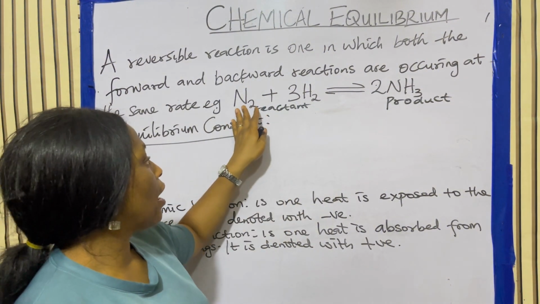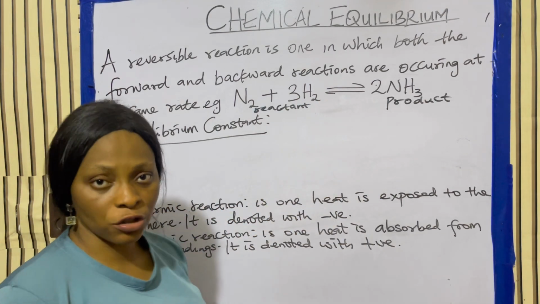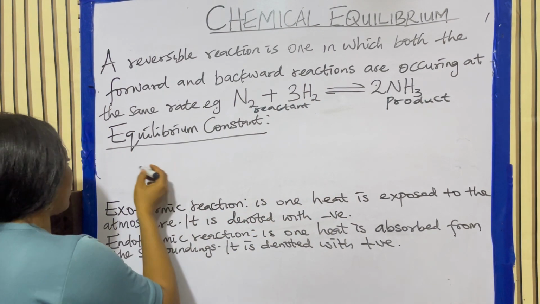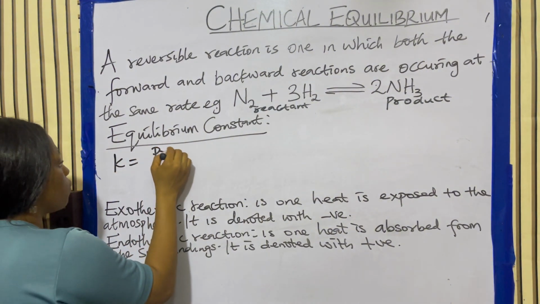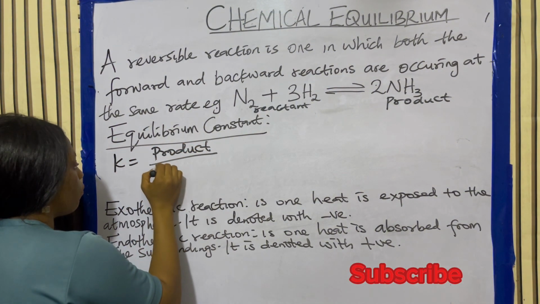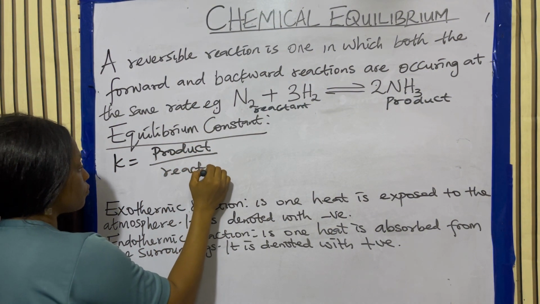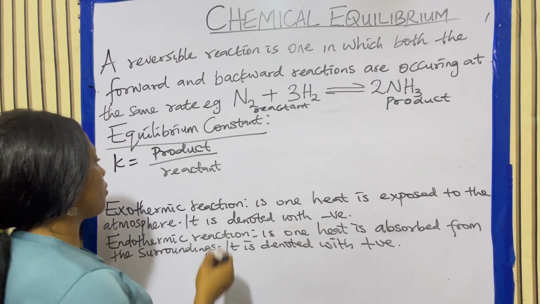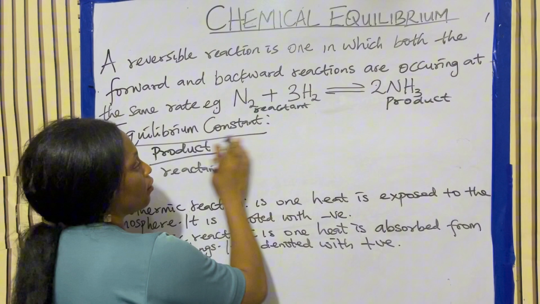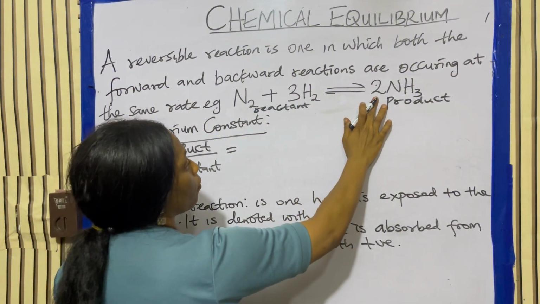Let us write the equilibrium constant of this reaction. To write the equilibrium constant is simply product over reactants. So let's write the chemical equilibrium of this.